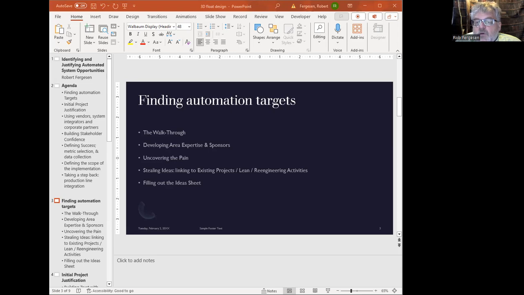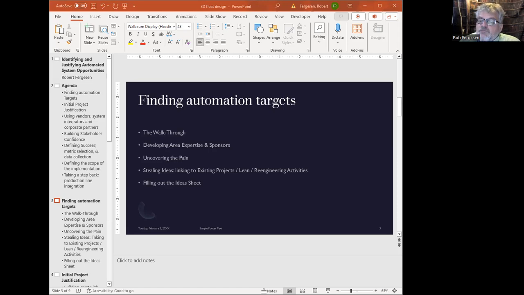The walkthrough is the time when you can physically do this, physically walk around the plant and walk down the different manufacturing lines and observe the operators, perhaps at different shifts as well, but certainly during first shift. Observe the operators doing the various jobs, watch the machines operate, and watch the systems operate, period.